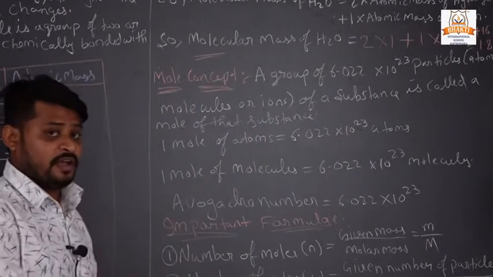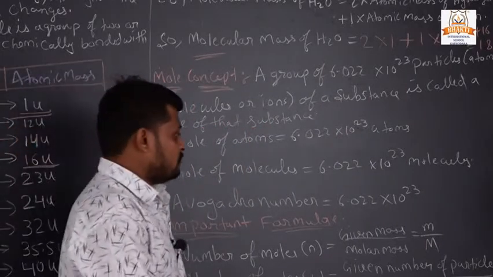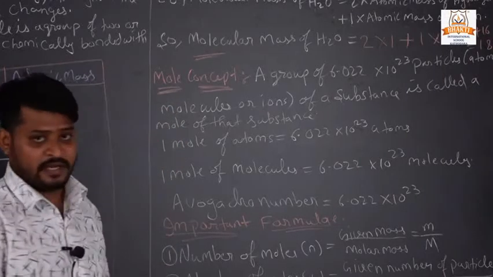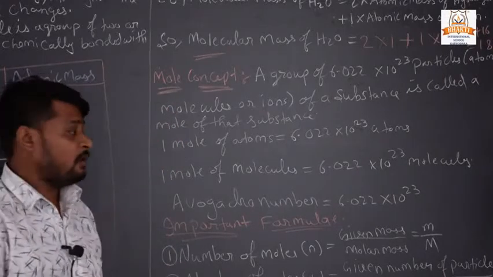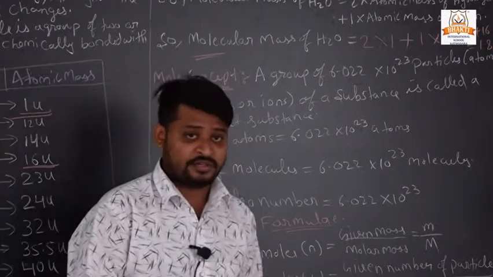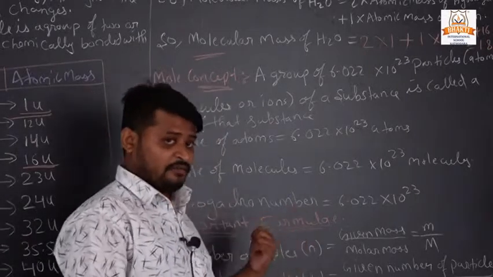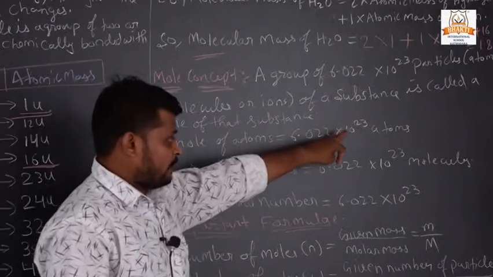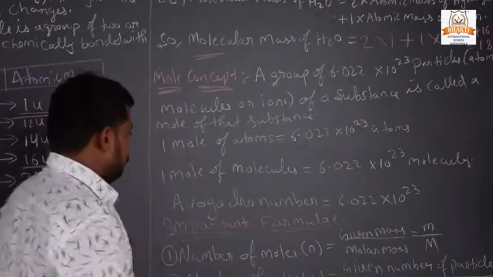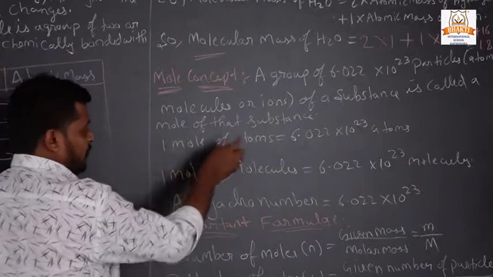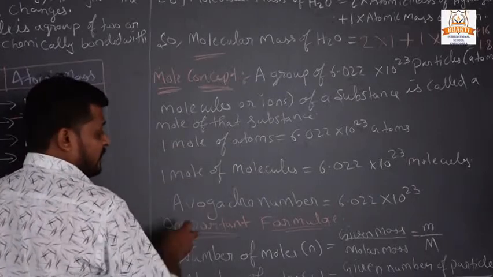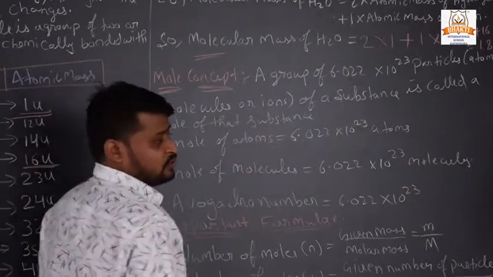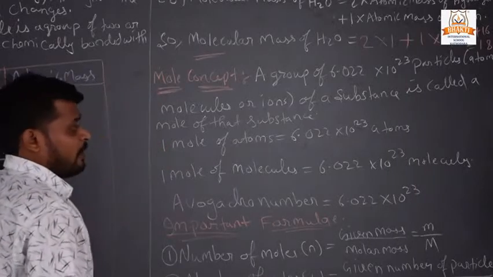If we want to find the number of particles in moles, we multiply the number of moles by Avogadro's number, 6.022 into 10 to the power 23. So 1 mole of atoms or 1 mole of molecules is 6.022 into 10 to the power 23.